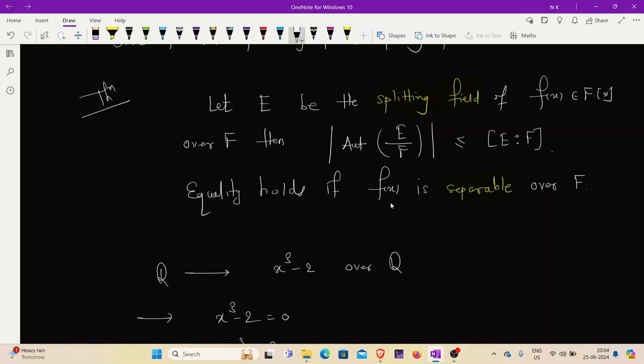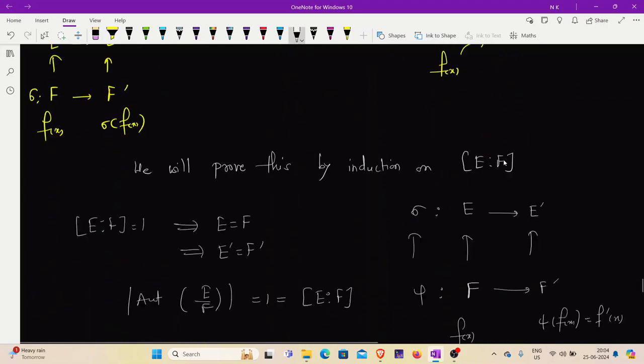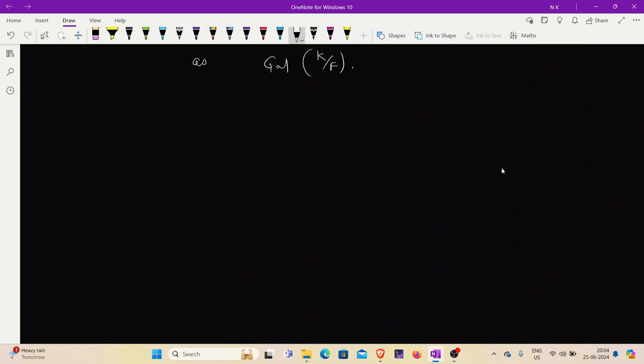If such a polynomial is given to you, that is going to be a separable polynomial, and its splitting field, suppose E, is going to be Galois over F, because in that case equality holds. In that case, the number of automorphisms of E over F is exactly equal to the degree of extension of E over F. So we can write one simple corollary here. So let me write that corollary now.